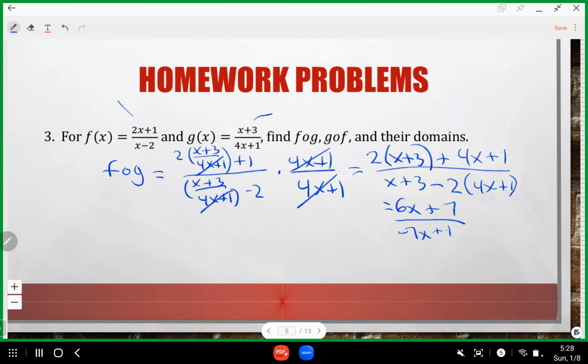Okay, yeah, this is the domain of that. But what about the domain of f here? This one. Oh wait, for that one? Yeah, just real quick.